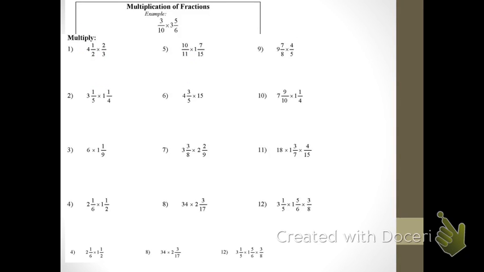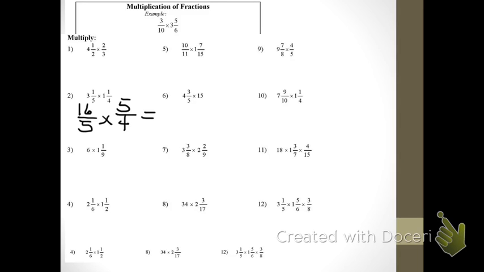Okay, number 2 is 3 1/5 times 1 1/4. Now we have two mixed numbers, so we have to convert both of these. Let's do the first one. 3 times 5 is 15, plus 1 is 16, always over the denominator 5. Then 1 times 4 is 4, plus 1 is 5, and that's over the denominator of 4.